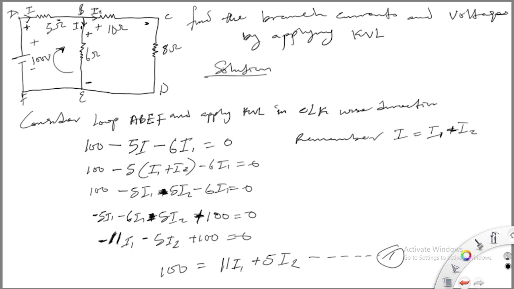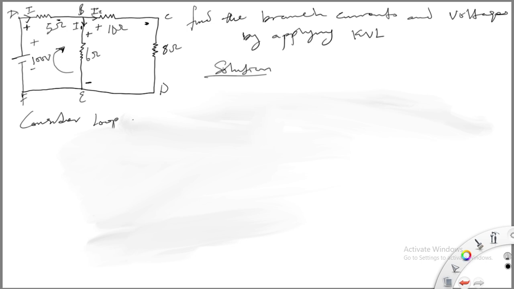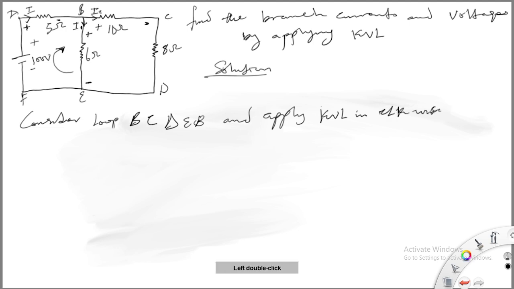Now we would go into the second loop. Consider loop B, C, D, E, B, and apply KVL in clockwise direction.